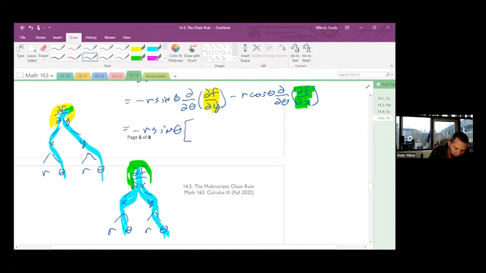That yellow formula is going to be the second partial derivative of F, first with respect to Y, then with respect to X, times the partial derivative of X with respect to theta, plus the second partial of F, both with respect to Y, times the partial derivative of Y with respect to theta.